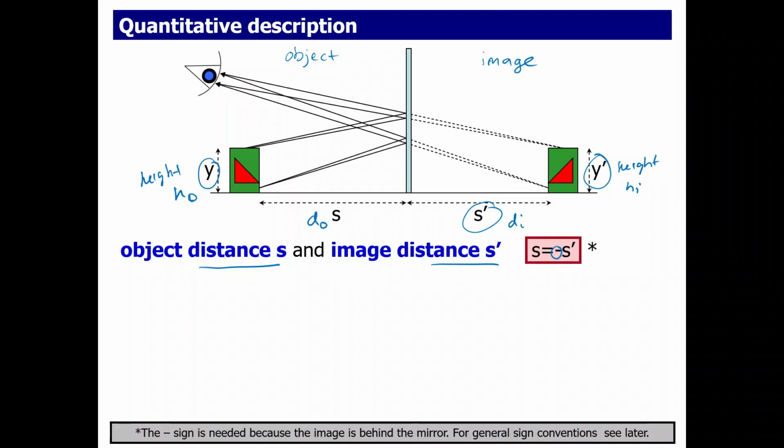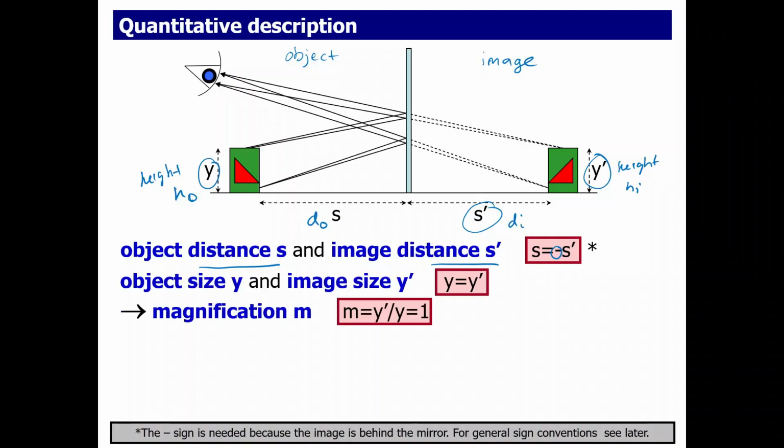But in this case, negative means behind the mirror for a plane mirror. The relationship between Y and Y prime for a plane mirror is that they're the same. So they're always going to be the same. Magnification is always calculated as the ratio of Y prime to Y. And for a plane mirror, it's always 1.